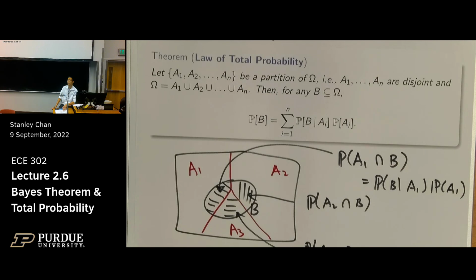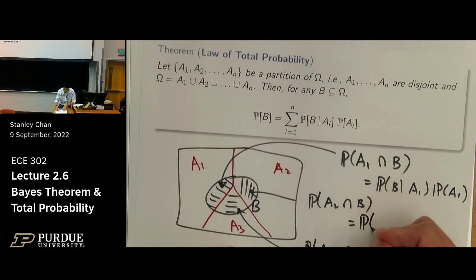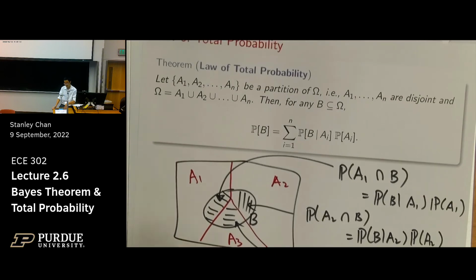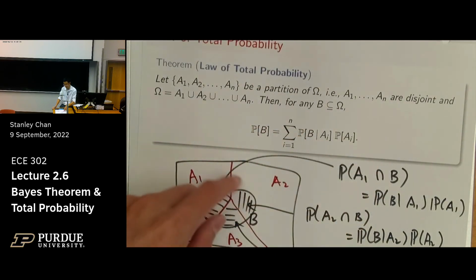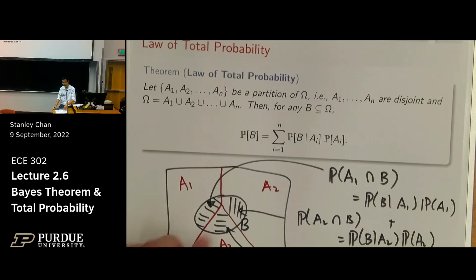That's just the definition of conditional probability. And here is the probability of B given A2 times the probability of A2, and this is the probability of B given A3 times the probability of A3. Since individual pieces can add up to give you the probability of B, you can just add these things up. And that is the formula on the right-hand side.